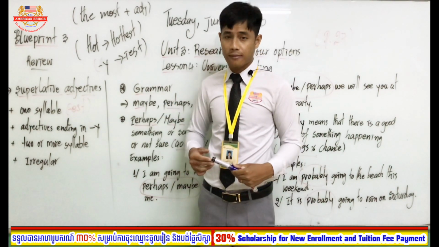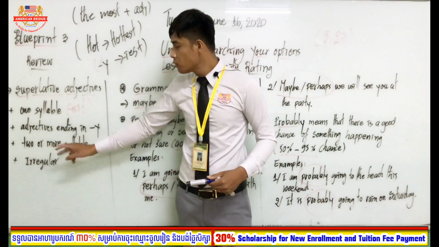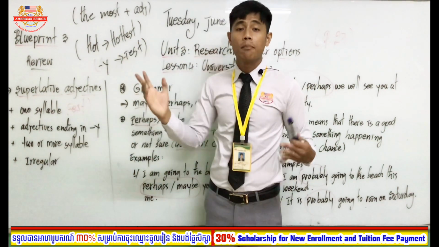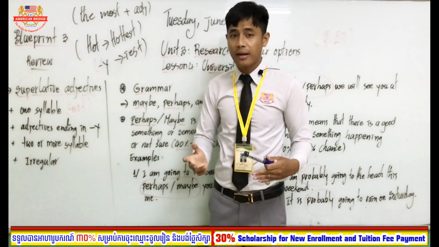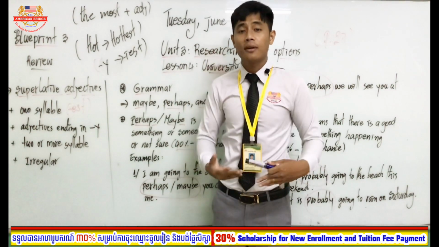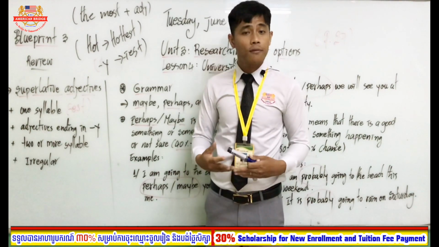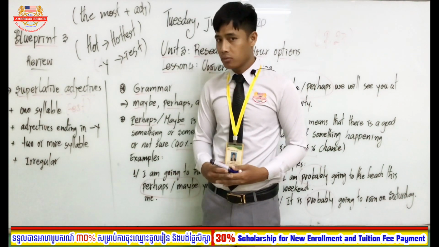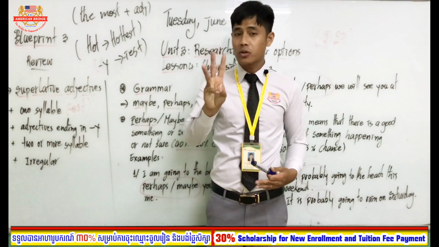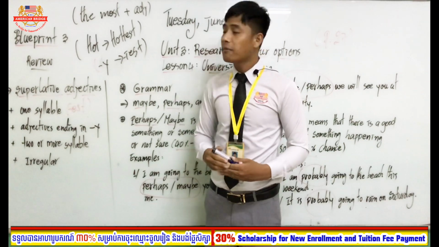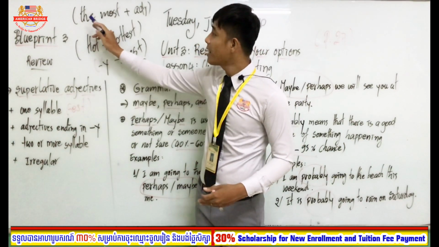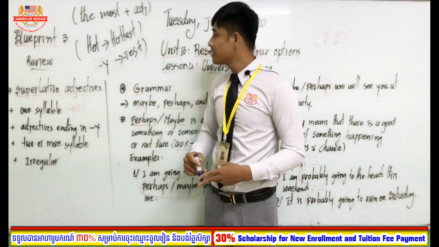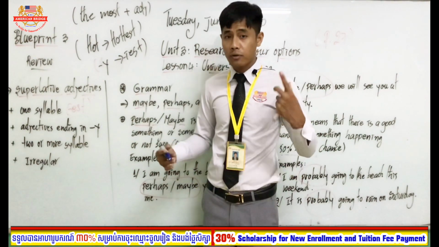For adjectives with two or more syllables, like beautiful, expensive, and difficult, we add most before the adjective. In the superlative we add the: the most, the best, the hottest, the easiest.